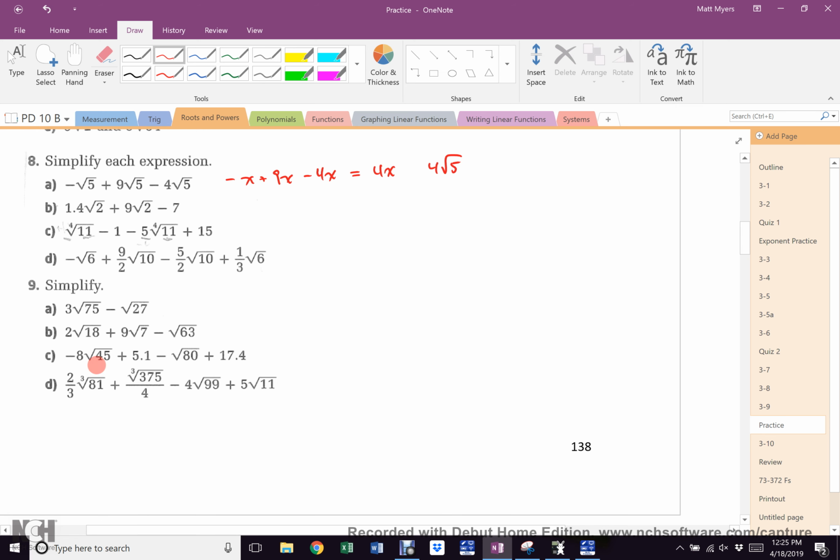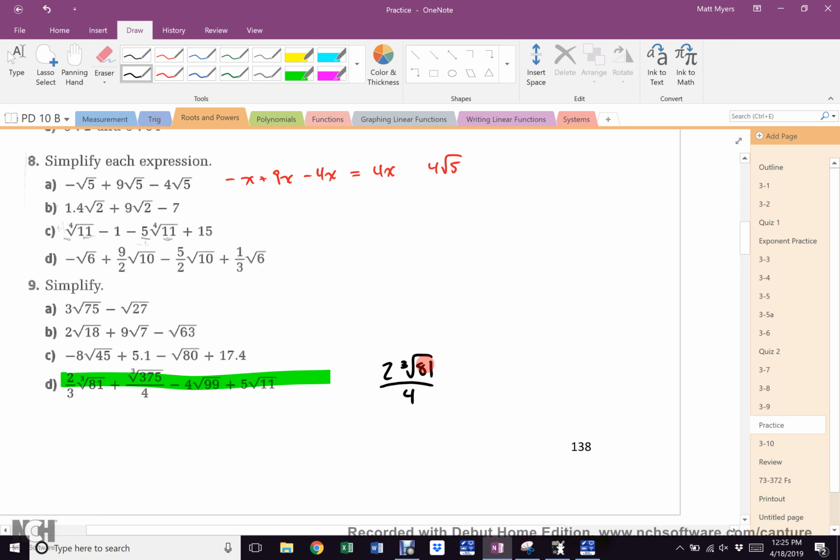Shouldn't be too many problems with number 9 until here. But the only reason that's a problem is because you're scared of fractions. Right? What's the first thing that you should do all the time? Simplify. 2 cube root 81 over 4.